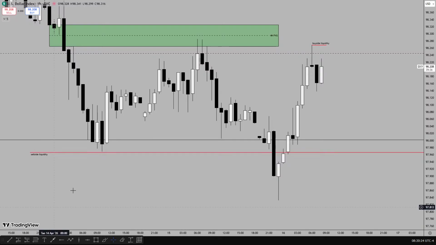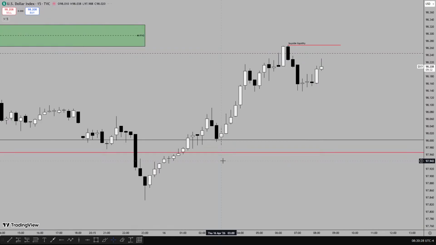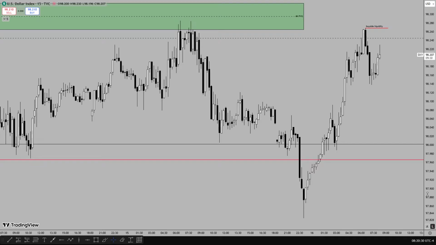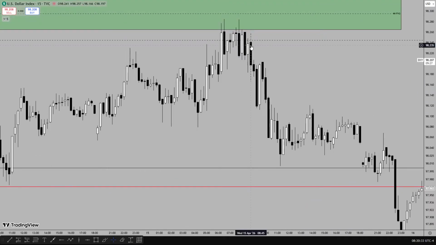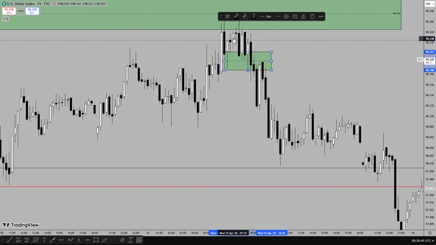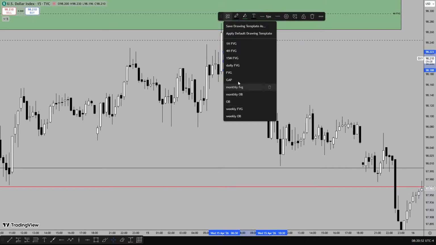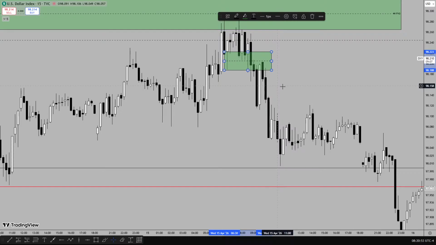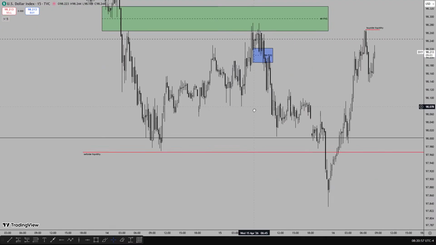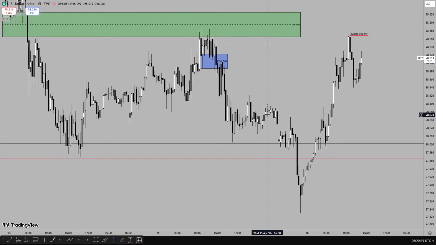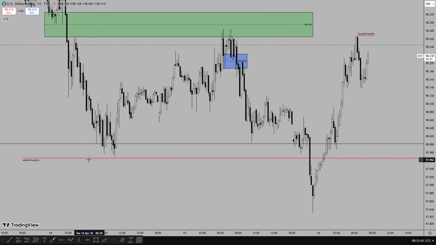But on the dollar index, from the 15 minutes, I told you guys the idea: as soon as there's a 15-minute shift taking out the swing low, followed by a retracement back to a point of interest, which you can see is a 15-minute breaker block, that should be your entry in anticipating lower prices. And your draw on liquidity is the sell side liquidity.